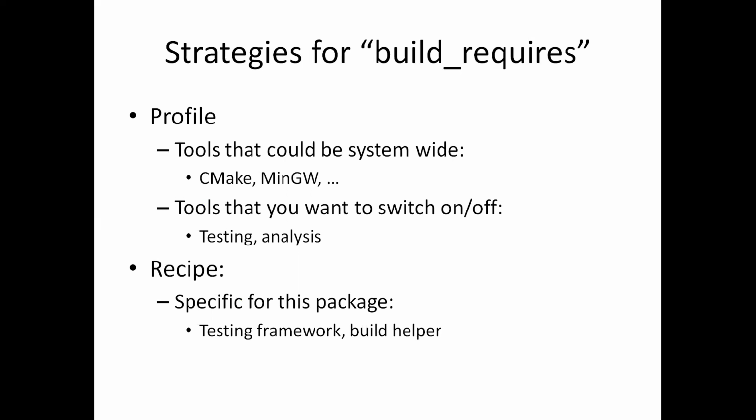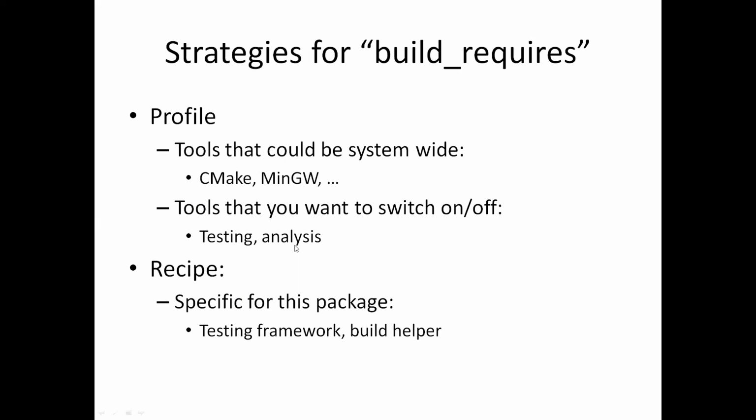Why is this recipe fetching CMake to build again? It's not necessary. Another reason to put build requirements in the profile is to be able to switch certain dependencies on and off. For example, with the testing framework, you want to be able to run the tests or not run the tests.